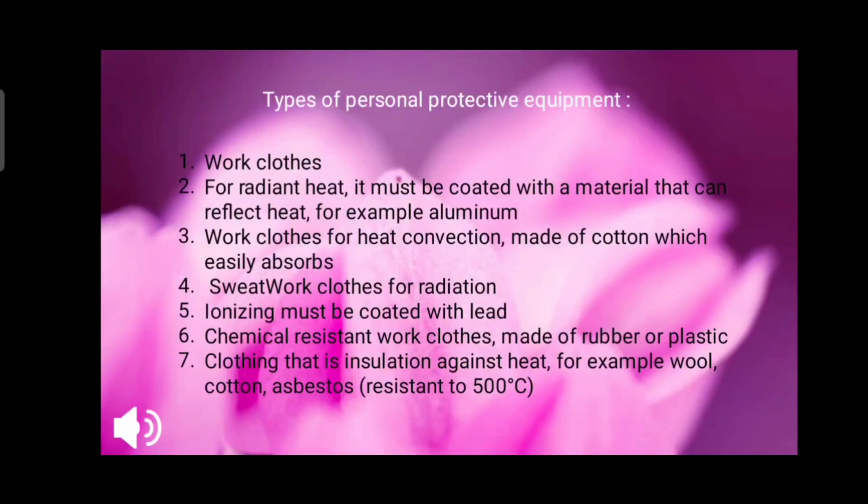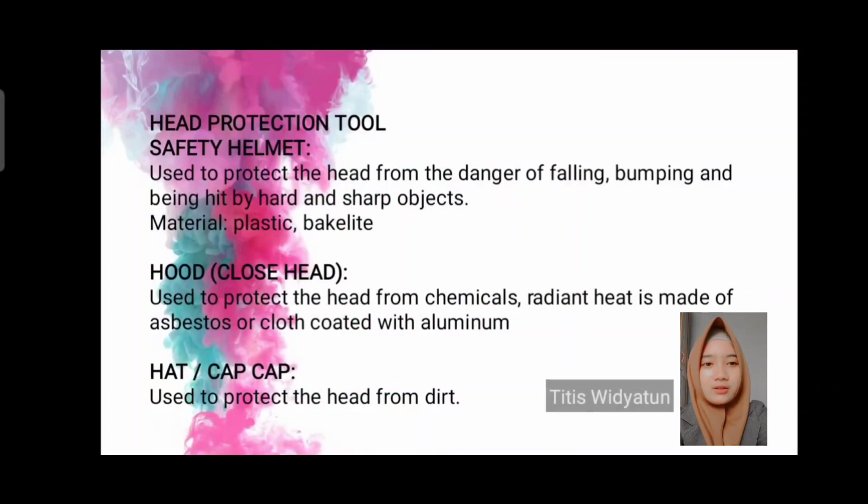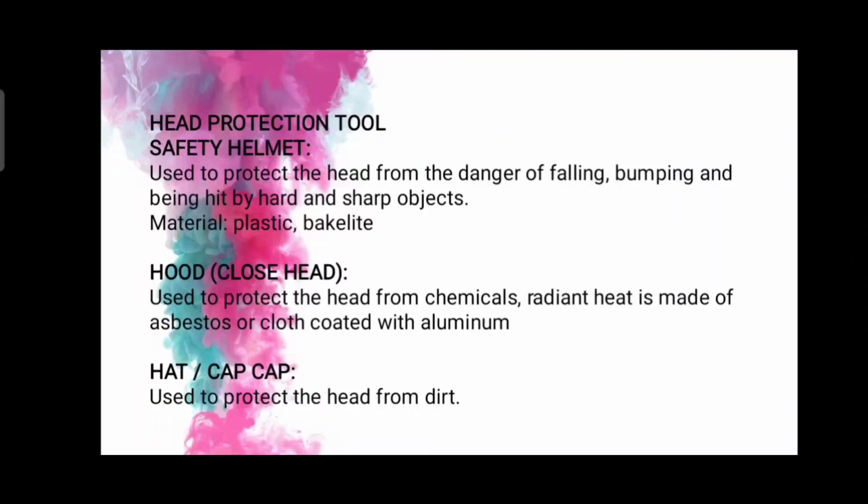Head protection tools: a safety helmet, used to protect the head from the danger of falling, bumping, and being hit by hard and sharp objects, made of plastic or wood. A head cover, used to protect the head from chemicals. For radiant heat it is made of asbestos or cloth coated with aluminum.